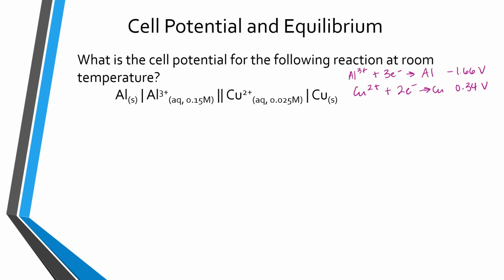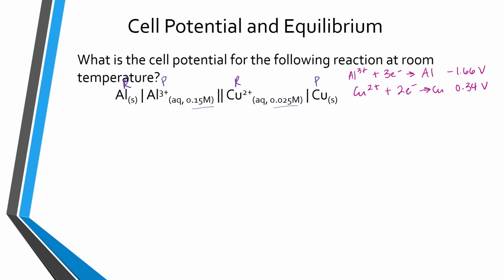All right, so let's look at this example. Here we're given aluminum and copper, so it's not like the previous example where it was the same metal. We're asked to calculate the cell potential, and our concentrations given are not at 1 molar, so we are going to have to use our Nernst equation. Now, remember again, reactant, reactant, product, product.